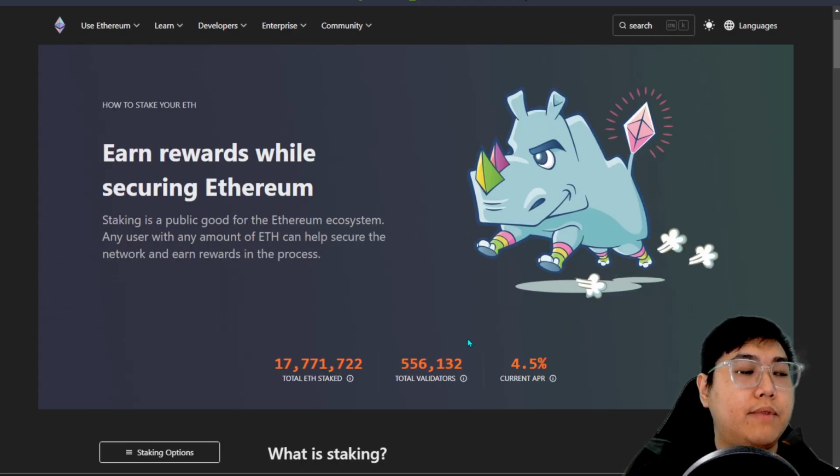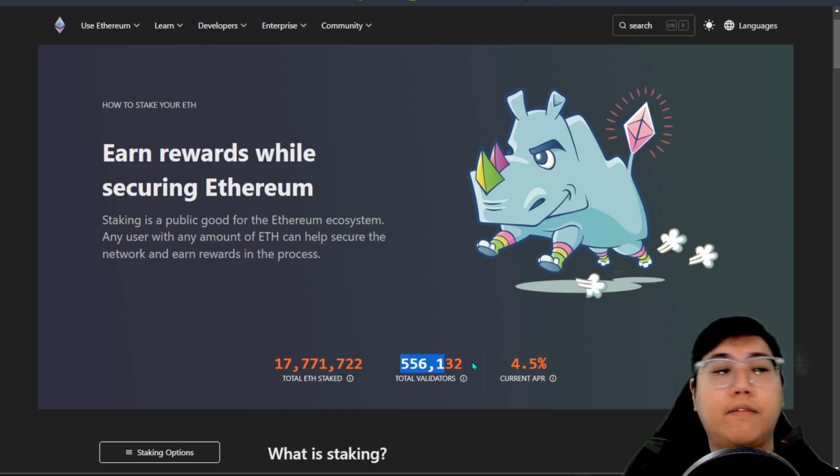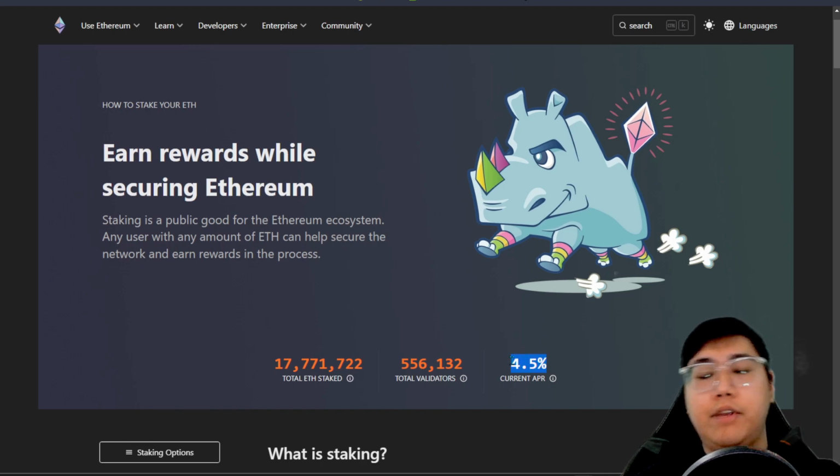As of today, we can see there's around 17 million Ethereum being staked, and of course there's around 500,000 over validators. The APR for staking Ethereum itself is 4.5, but this is just telling you the average of everybody's income. But there's a fact in Ethereum staking: if you are one of the lucky validators that managed to propose a single block, you are able to absorb all of that block's reward.